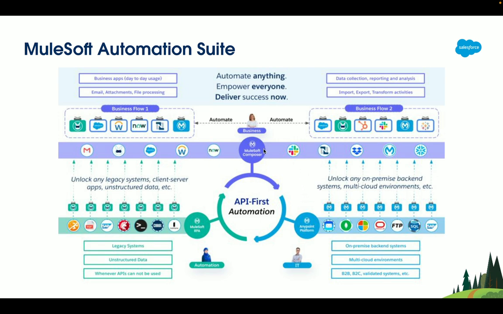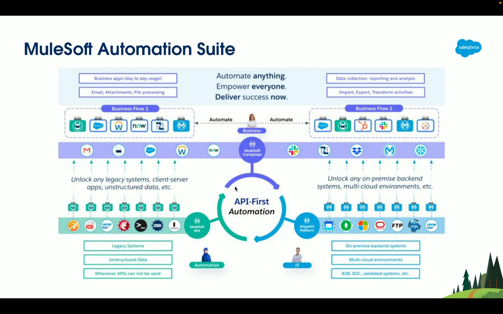And recently, MuleSoft Composer and RPA were also added to the product suite. MuleSoft Composer, in very simple terms, can connect two different systems to automate a business use case, and this automation can be done without writing a single line of code.